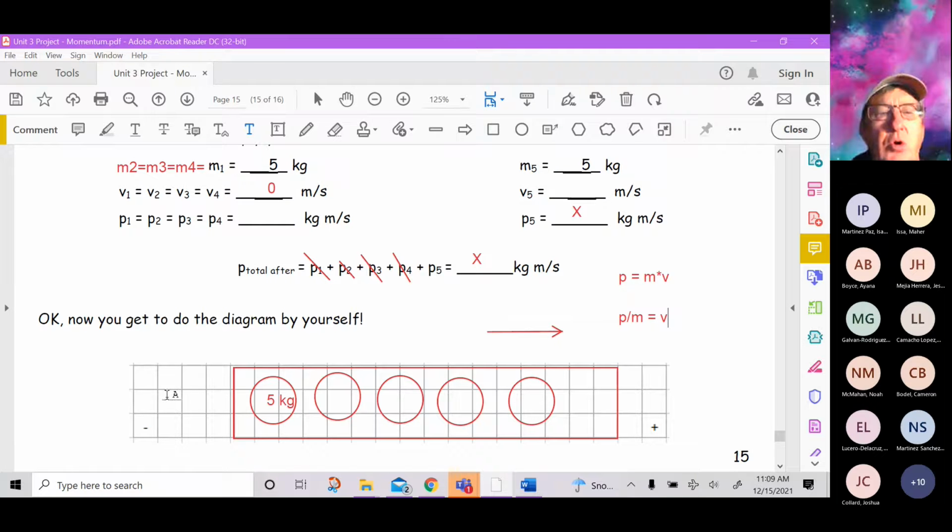You have to label the total momentum, P equals, and I've just been calling it X, but you should have that number over there. We already drew the boundary, we drew the objects, and we drew the arrow. Just got to put the arrow in the right place. I'm not going to tell you where to put it, though. It should look like a Newton's cradle that you have paused at the moment that we've had a response.